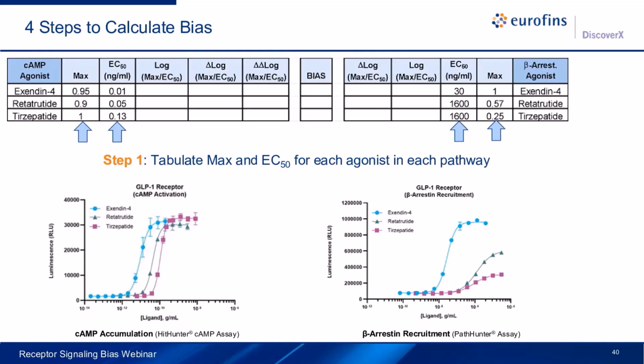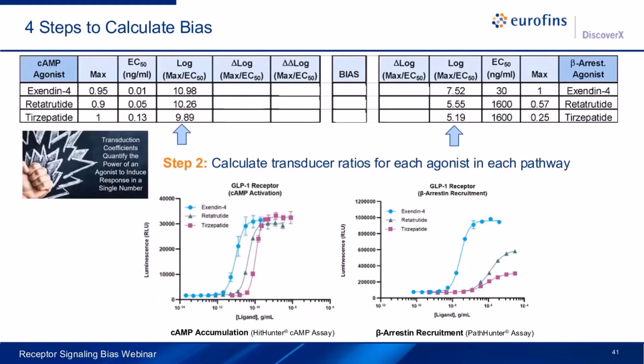So the first step, there are 4 simple steps here. Get your maximal responses and your EC50s and calculate log max over EC50. This is also called the transduction coefficient. Think of it as a single number that quantifies the power of an agonist to produce response.